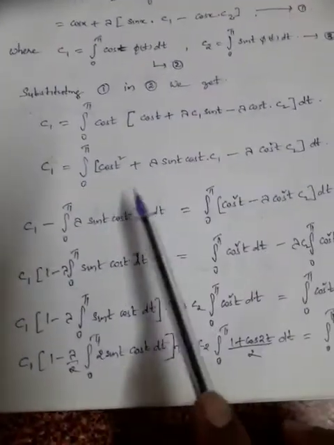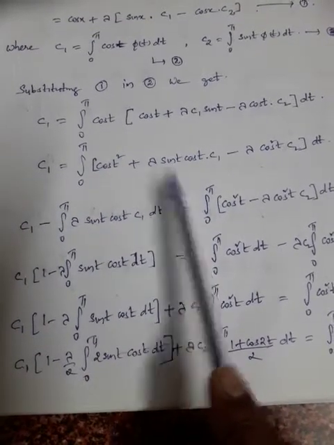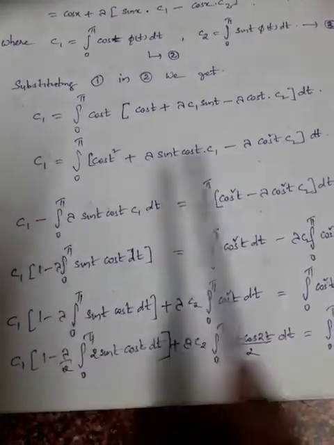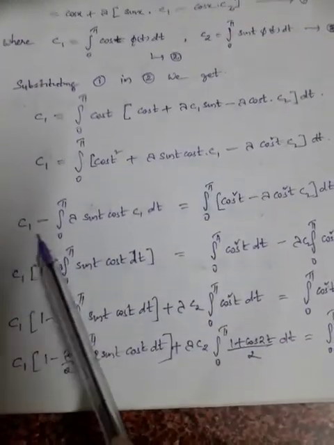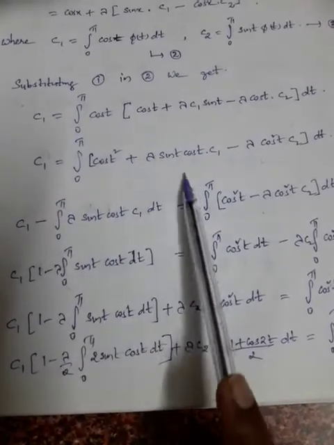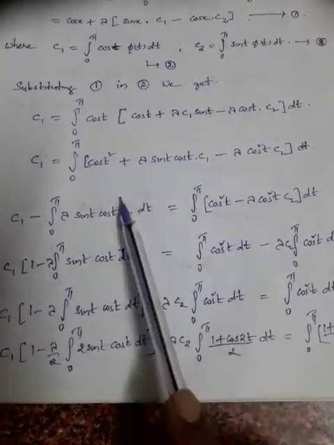For further simplification, we will take the integral inside and take the c1 terms and c2 terms to the left side. First we take the c1 term: c1 is already on the left side, and the first term on the right is there as it is.